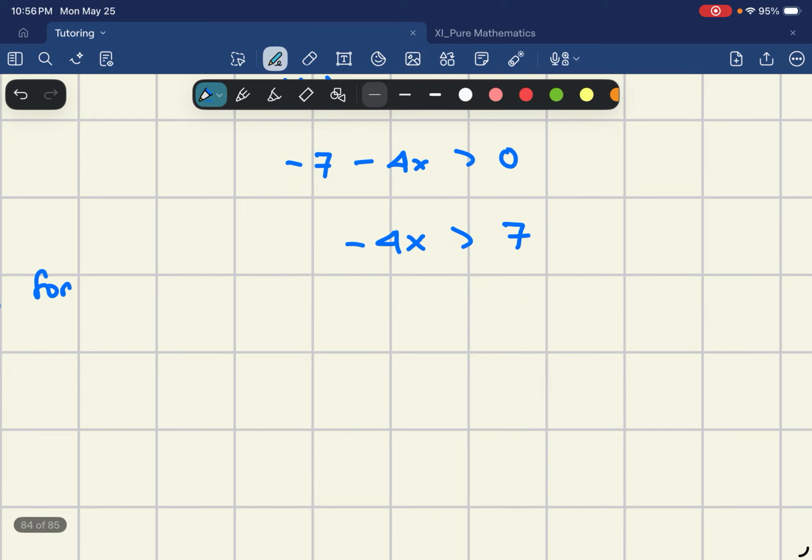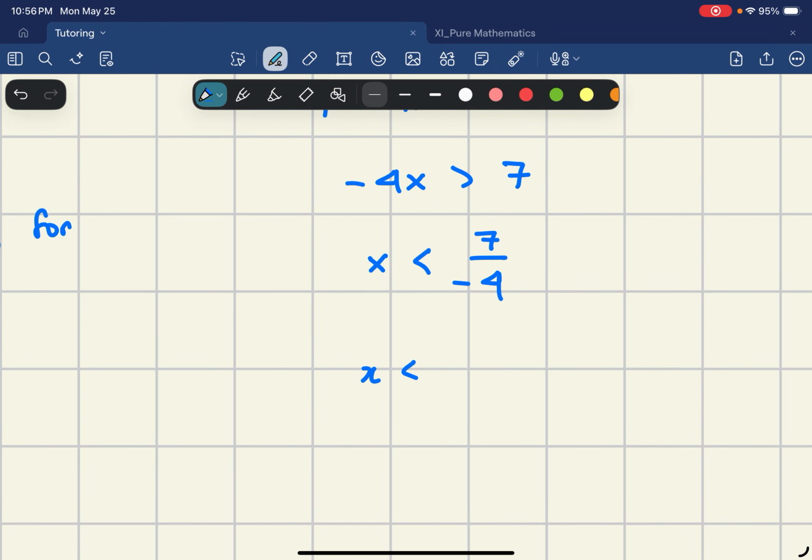Now I need to divide by negative 4. If I divide by a negative value, and I encourage you to check out my earlier videos about inequalities, the inequality flips. And if you solve for this, I believe you are going to get x is less than negative 1.75. That is what you should be getting, since 7 divided by negative 4 is this expression.